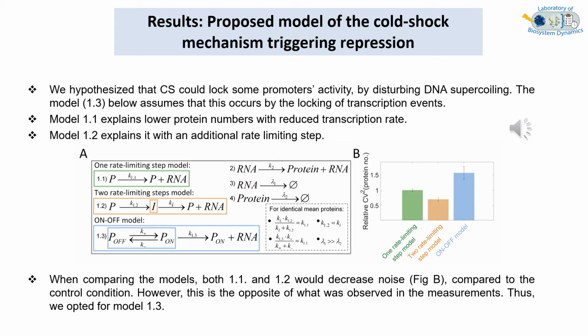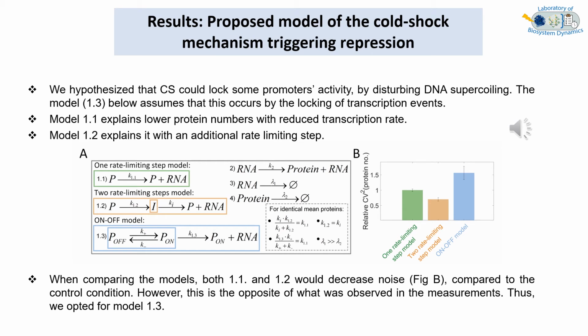Now, what's interesting about this model is that for the same mean RNA production, which is then also affected by translation and RNA and protein degradation, the first model has a certain amount of noise, but the second model, the two rate limiting step, has less noise, that is, less variability in protein numbers.